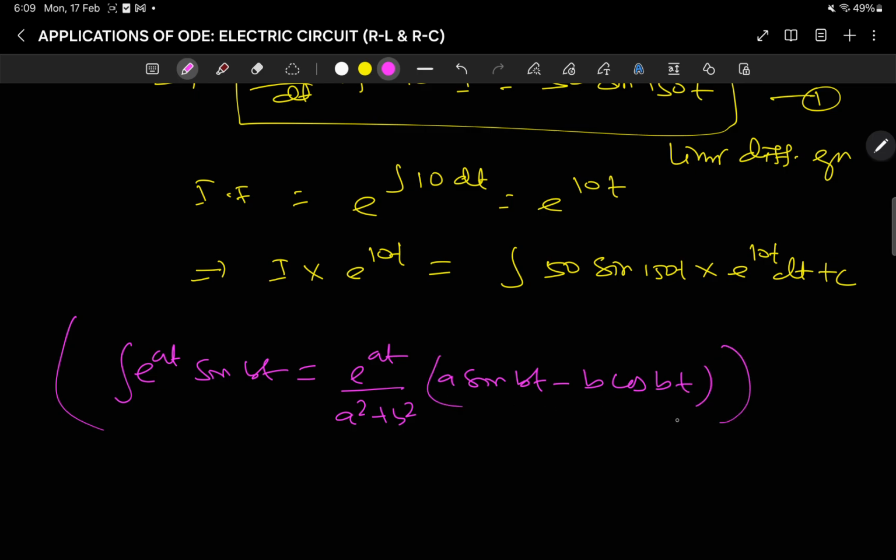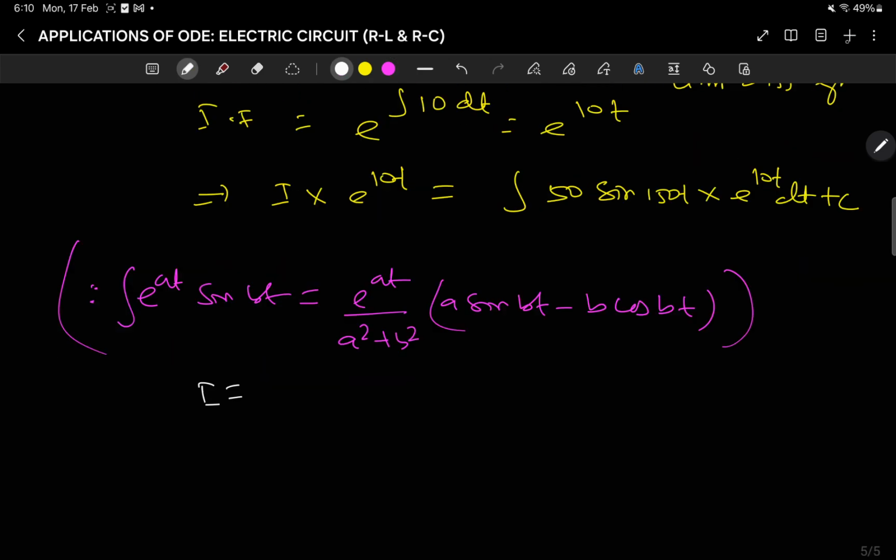So this is the formula of the integration. If you substitute it and simplify, you will get I is equal to 5 by 226 sin.